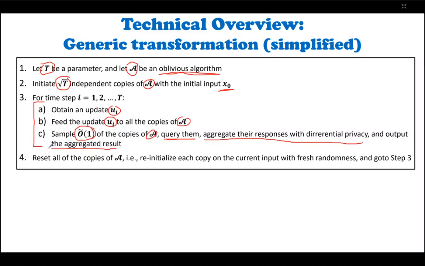After these time steps, we reset all of the copies of algorithm A, meaning we reinitialize them with the current input as their new initial input, and each copy we initialize with fresh independent randomness, and we then start back from here.